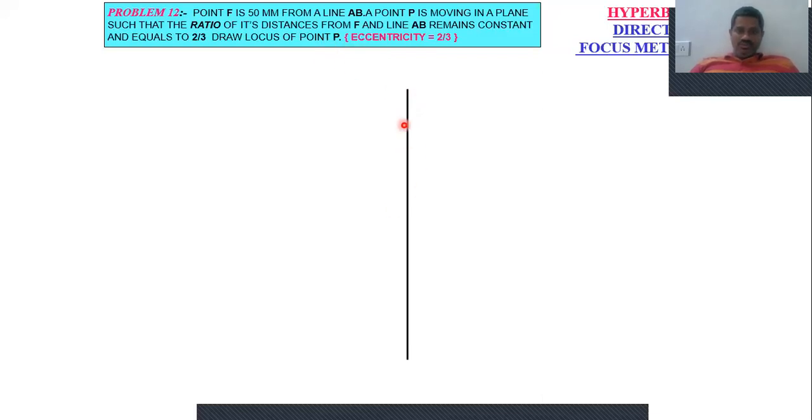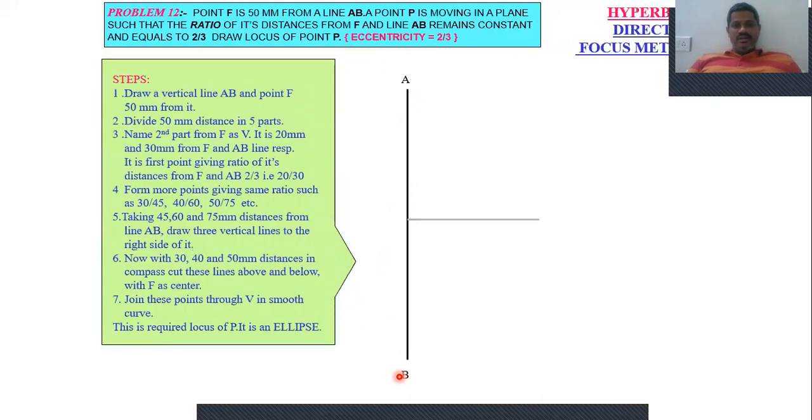So let us see how to draw this. First, draw a vertical line. This is our fixed line AB. Then draw a horizontal line like this, and locate the focus point F. In this case the distance is given, that is 50 mm.